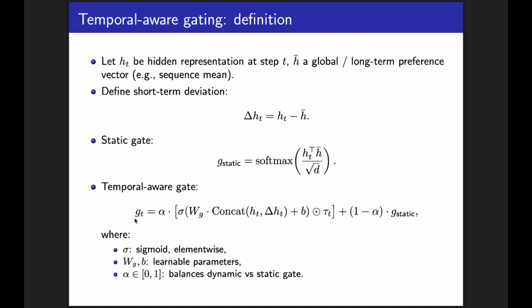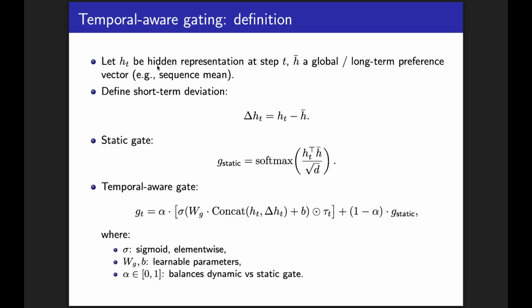So this G of T that you see at the bottom is a gate that later on will allow us to say, should I consider more the long-term preferences? Should I consider more the short-term deviations along that line? So let's look step by step at how we get to this gate formulation.